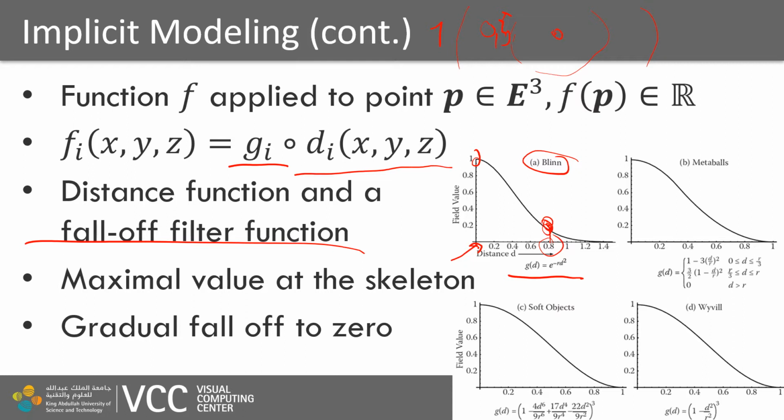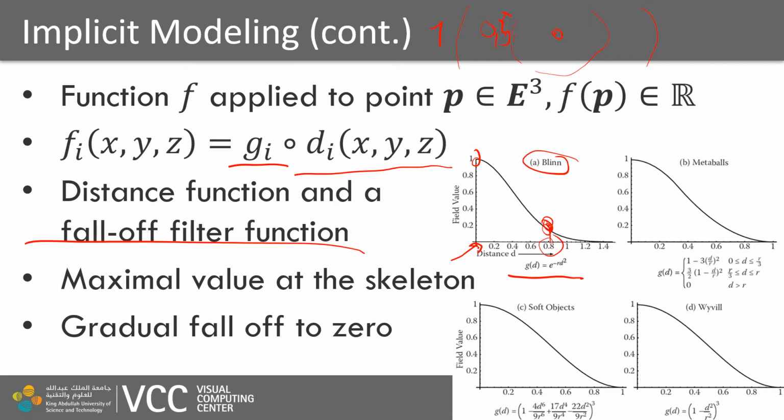So this is an implicit representation function, which for each skeletal element, we will be defining first the distance, and then this distance will be the parameter or input value into this falloff filter function, which will then define us a particular value.